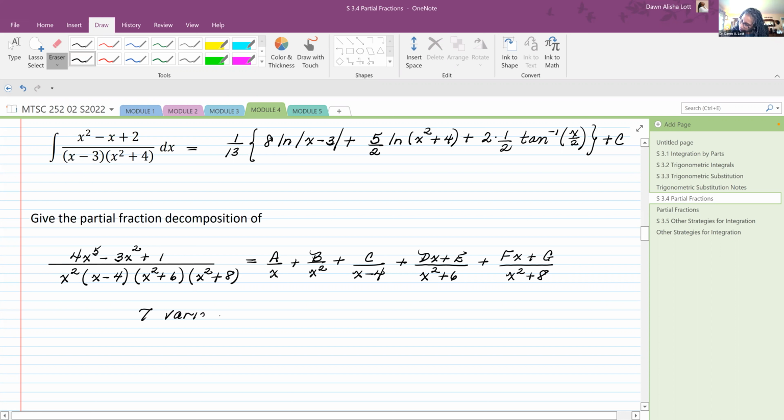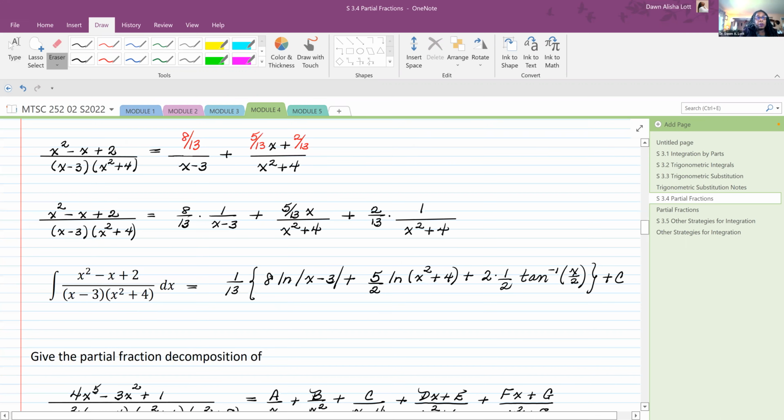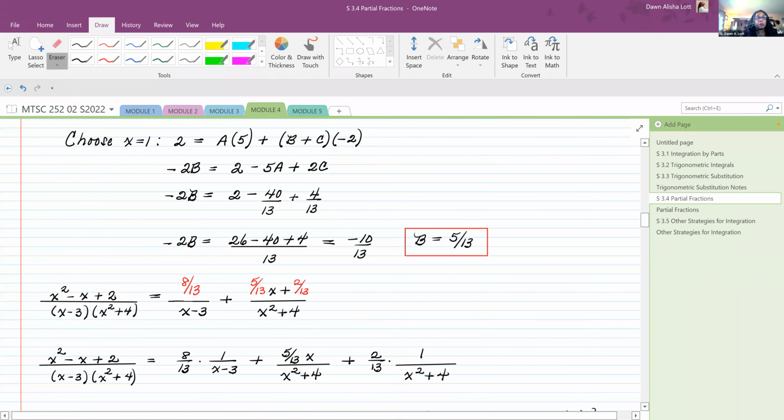Excuse me, Dr. Lott. Yes. Why is A over X rather than putting it over like X squared? Why are you starting with A over X? Whenever you have a repeated root, you have to carry it all the way up to the power of that repeated root. So like in this one, which one was it back here? This one.